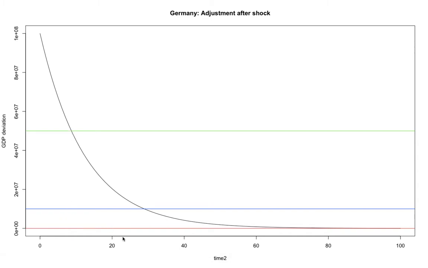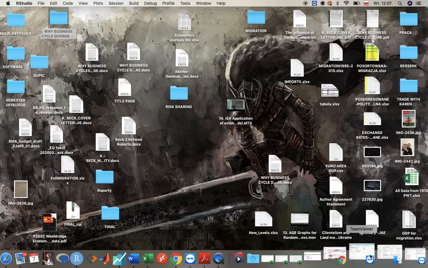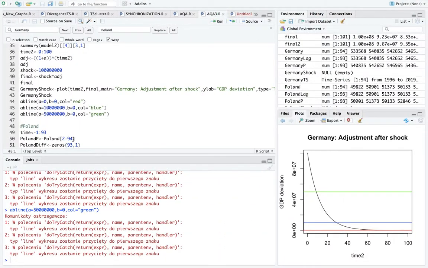And then here we have that 90% of the shock is absorbed after, let's just say, around 7 years. And after 10 years, we can say that more or less the shock is absorbed. But this is a very lengthy process.